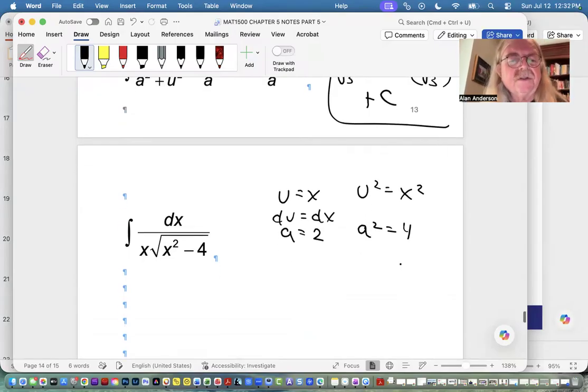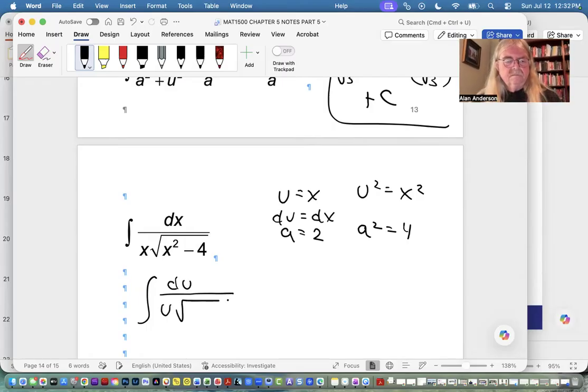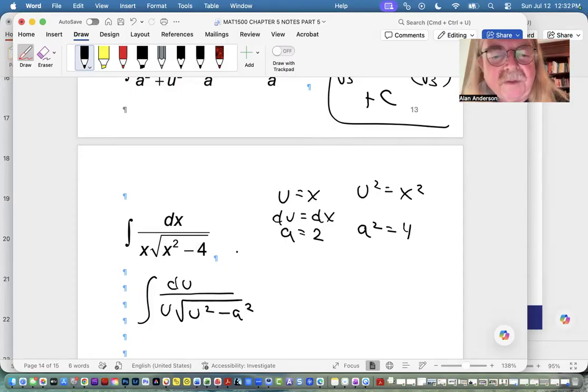That means this reduces to, all right, let's see if this is one of our formulas.